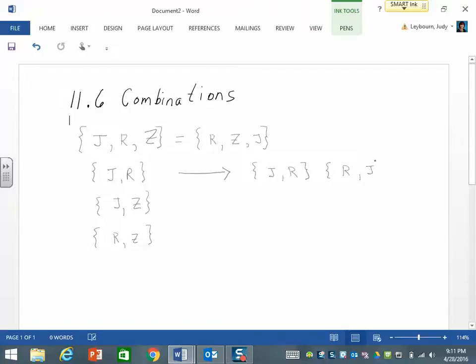And those two would be different if we're looking at permutations. But for a combination, it's the same because the order isn't important. So for each of these sets, there would be two different ways of writing that set, made up of just two of the first letters of two of your names.